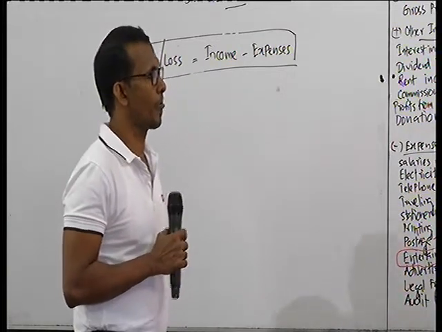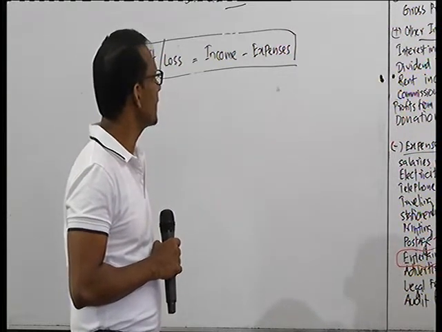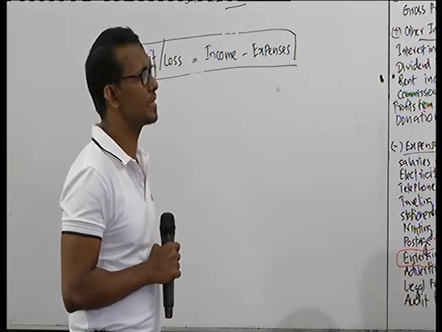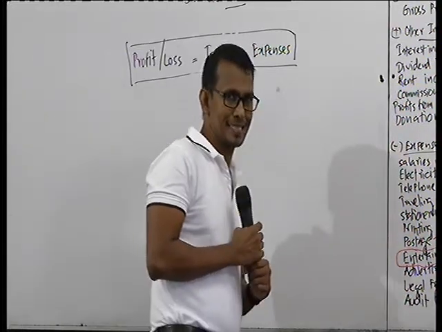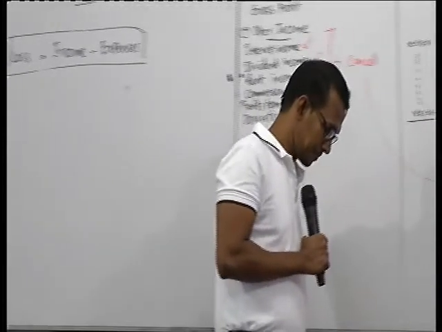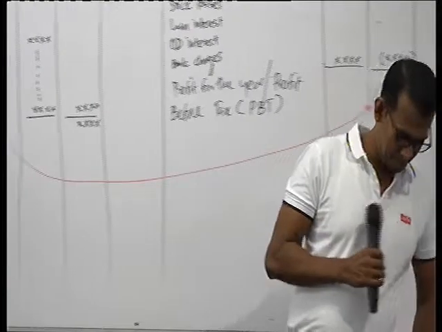Say, assessable business income. That is a subheading.